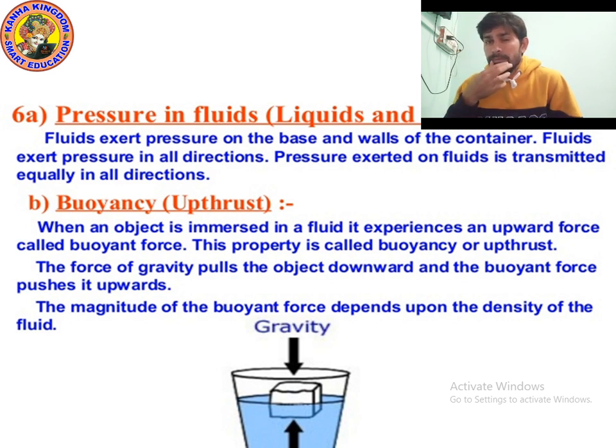Yes, so kids, the weight of any object on the moon is always one sixth of its weight on the earth. Suppose the weight of any body is 60 kilogram on the earth, then on the moon it will be around 10 kg only.